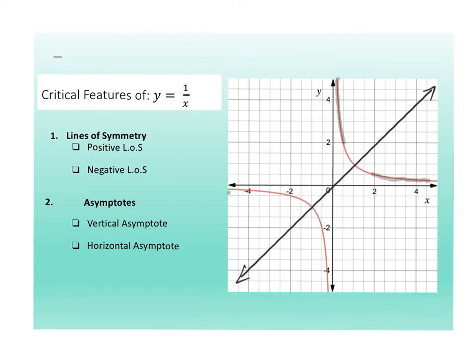Same with this one. So therefore, this is an axis of symmetry, or line of symmetry. We call it the positive line of symmetry because it has a positive gradient.